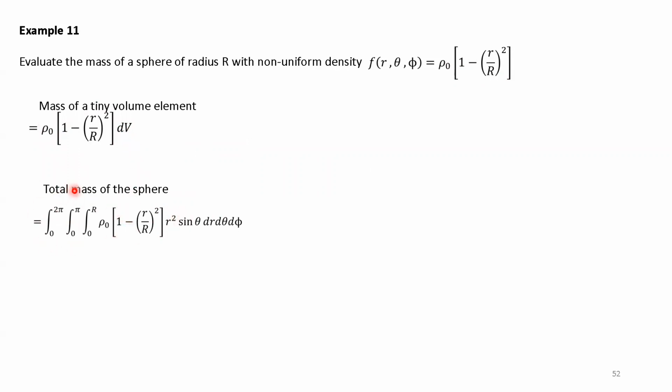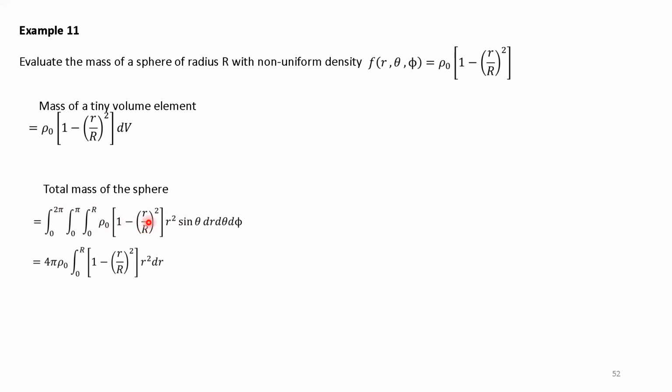To integrate over the entire sphere, you need the r limit from 0 to r, the theta limit from 0 to pi, and the phi limit from 0 to 2 pi.